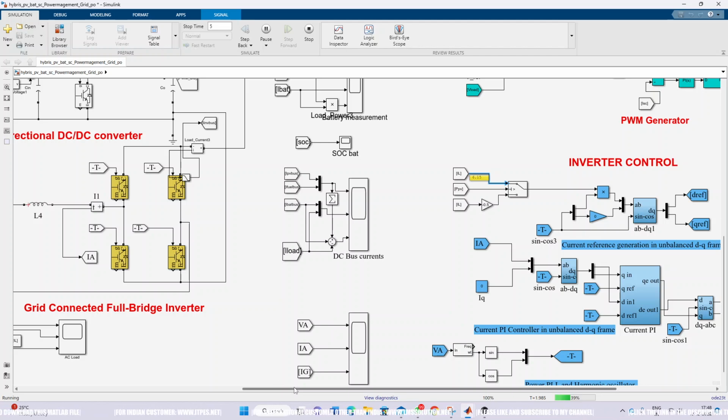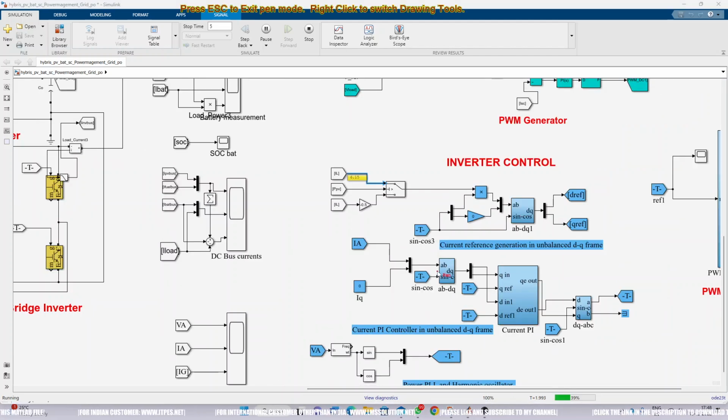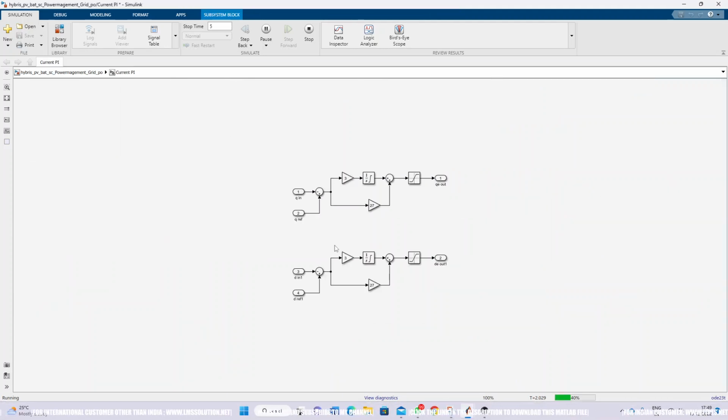Here we are measuring the inverter current, and that inverter current is converted from alpha-beta to DQ form. So this is the reference DQ, and this is the actual DQ. They are compared and processed via the PI controller.